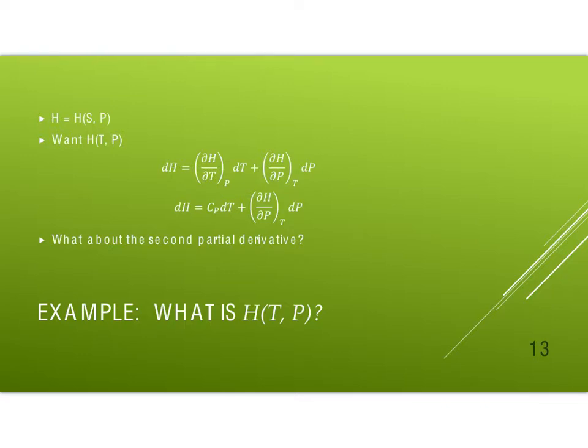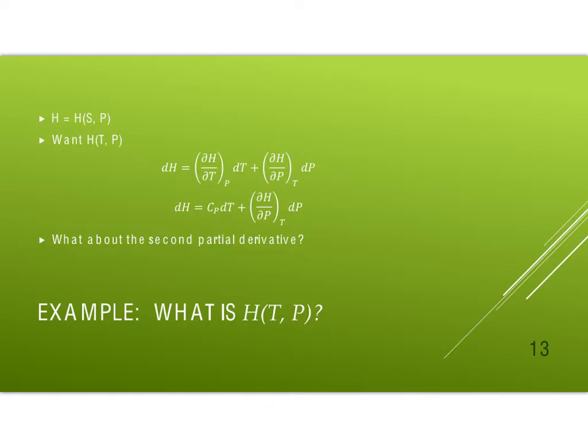So let's look at H, which in terms of natural variables for a pure, and we'll call it a closed system, is a function of S and P only. We'll ignore the change in N as a possibility. What we want is to know how H changes maybe with T and P, because T and P I can measure. I feel real confident in my ability to measure those.